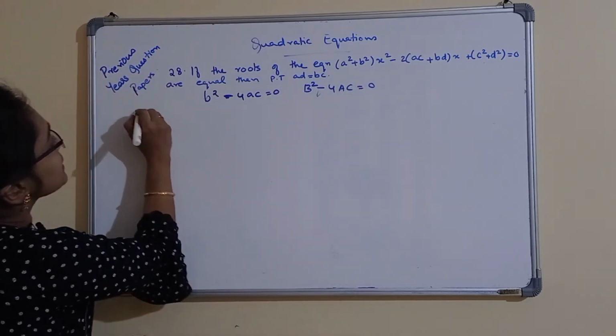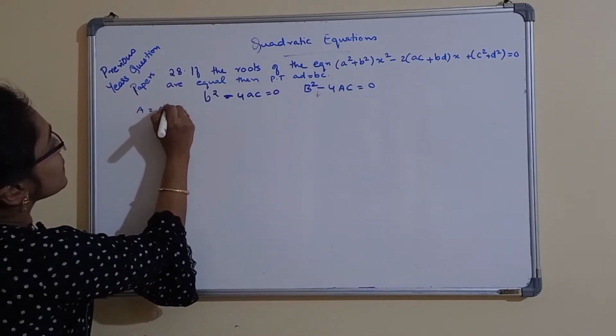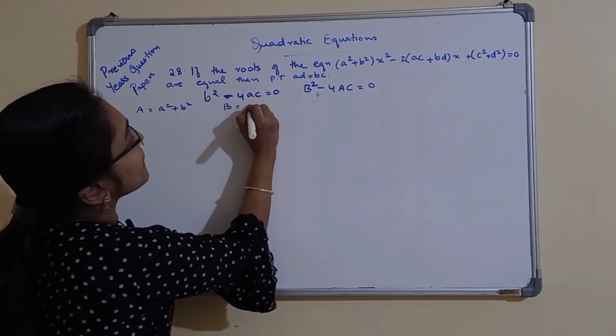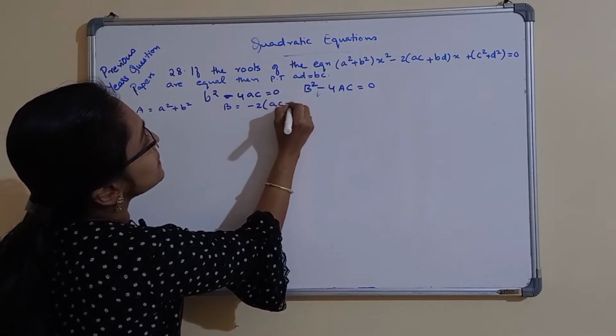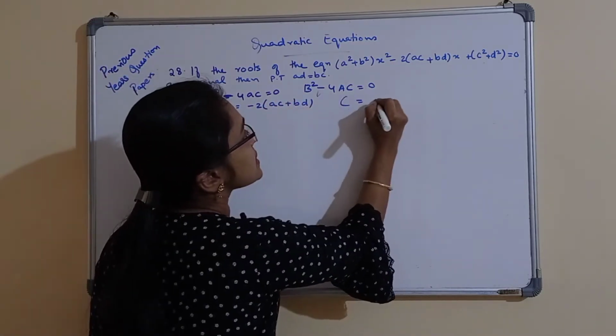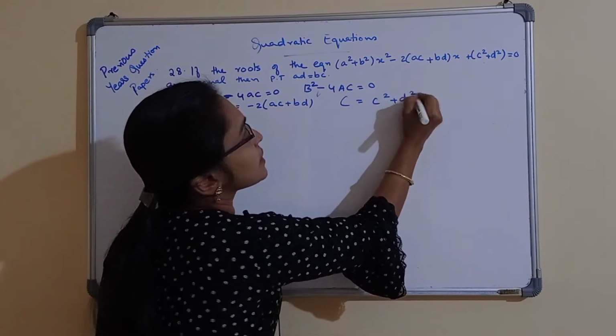So what is a here? A is a square plus b square. Then b is minus 2 into (ac plus bd). And c is c square plus d square. Right?